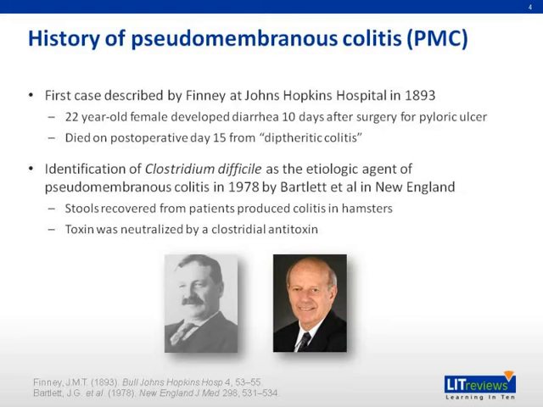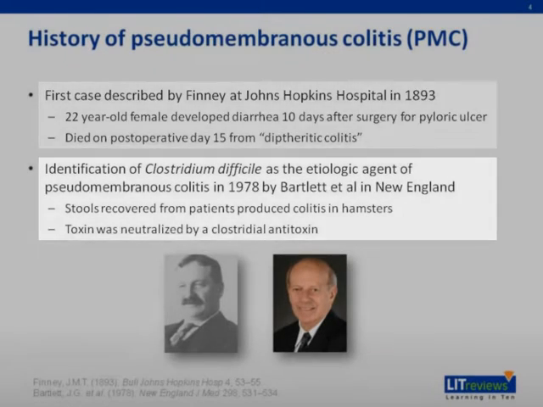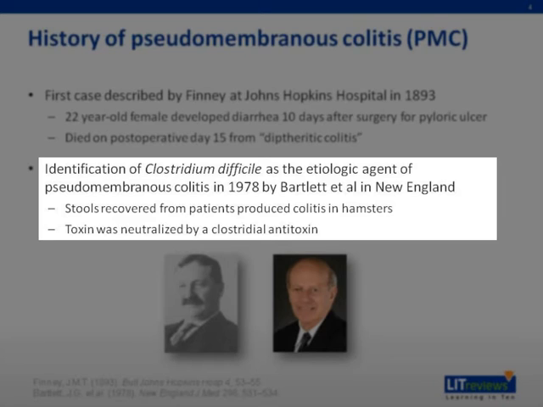So a brief history of pseudomembranous colitis, or PMC. In 1893, there was a case report from Johns Hopkins of a young lady that developed a severe diarrhea after surgery, and she died from what the authors termed diphtheritic colitis. And just under a century later, the causal agent was identified as Clostridium difficile from a similar case.